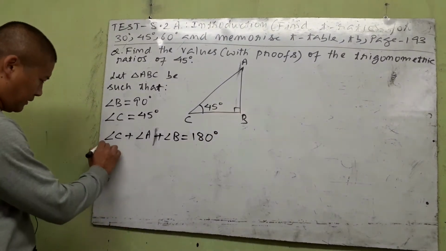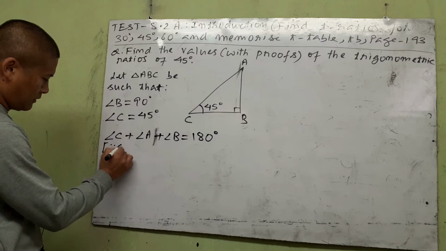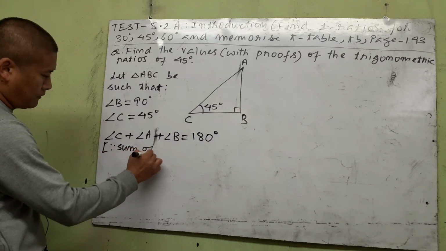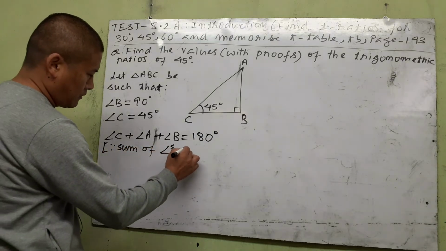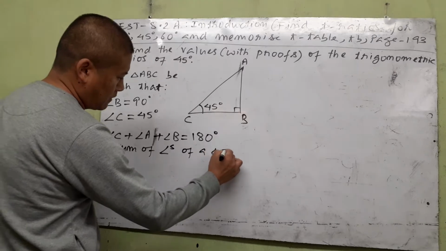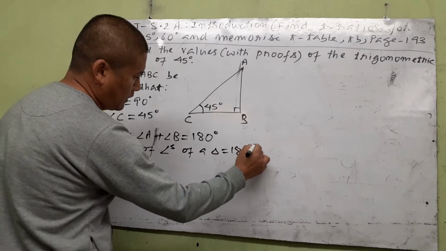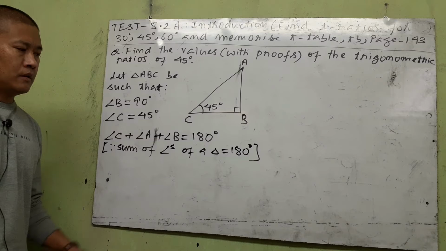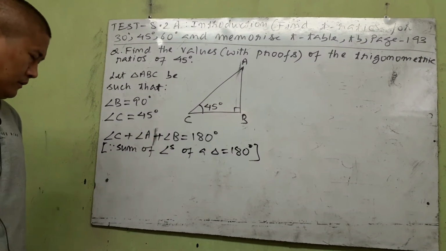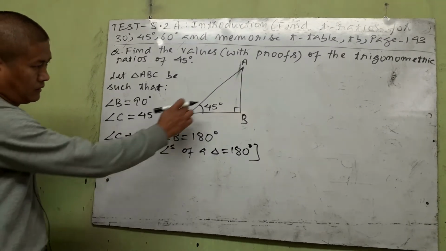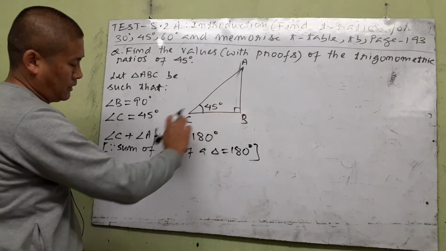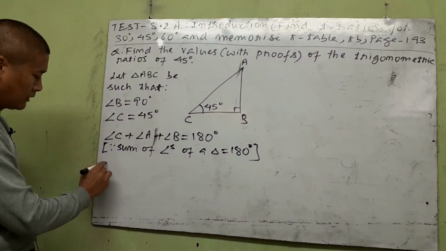Because we know this simple theorem that the sum of angles of a triangle is always equal to 180 degrees. In any triangle, the sum of the three angles comes out always 180 degree.